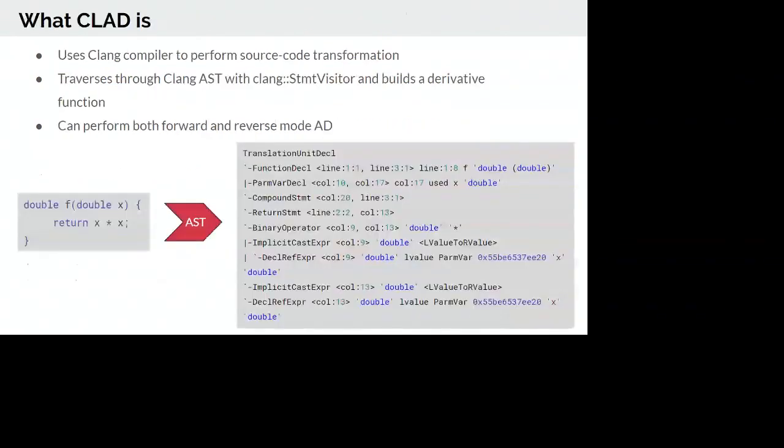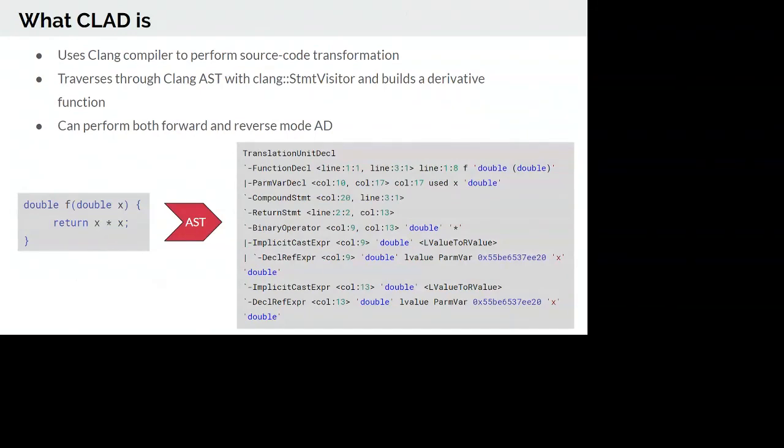So just a brief rundown of what CLAD is and how it's implemented. CLAD basically uses the Clang compiler to perform source code transformation. As far as I know, CLAD is the only C++ AD tool that uses source code transformation.